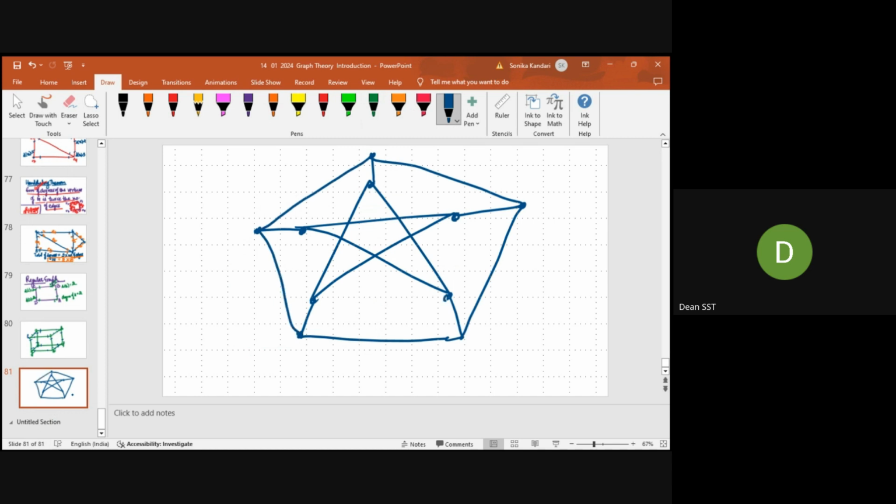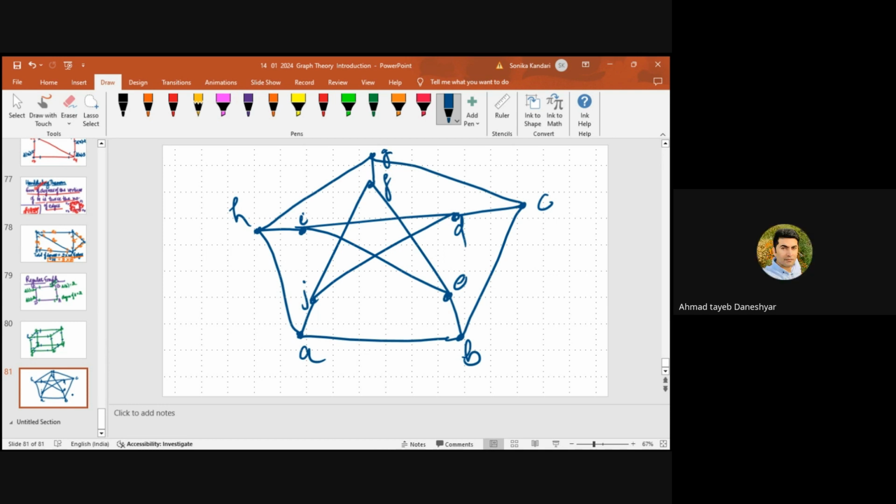Just tell me whether this is a regular graph or not. These are the vertices from A to J. It is a regular graph, ma'am.